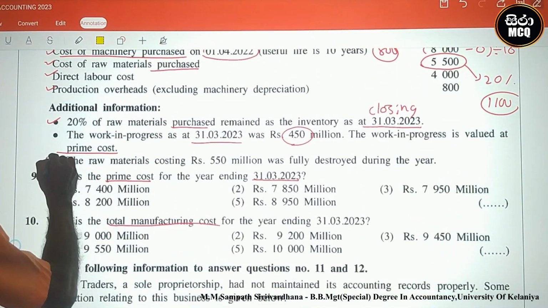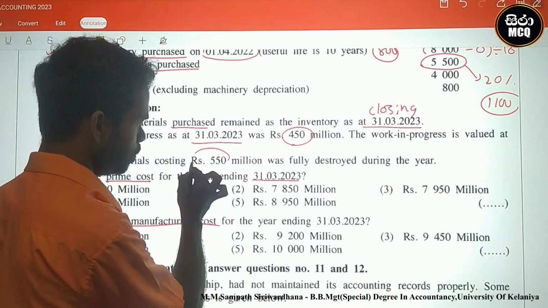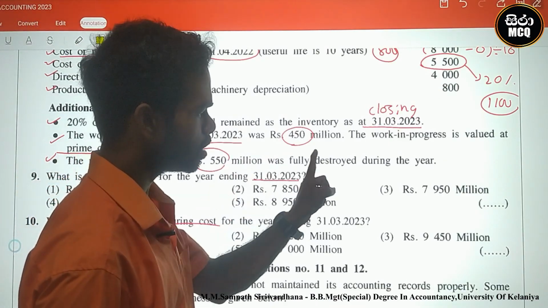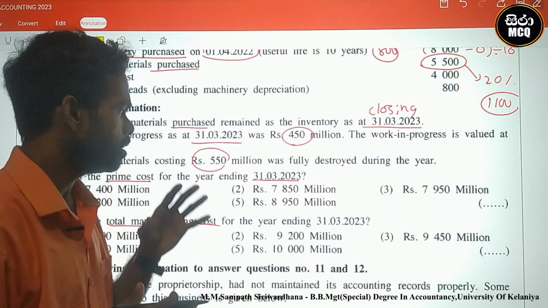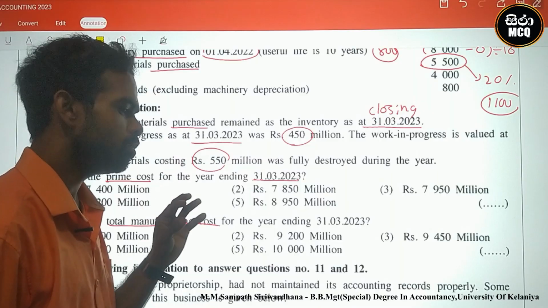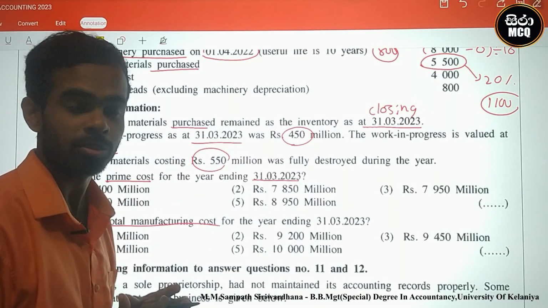Next information: the raw material costing 550 million was fully destroyed during the year. This 550 was destroyed, meaning we did not consume it in production.